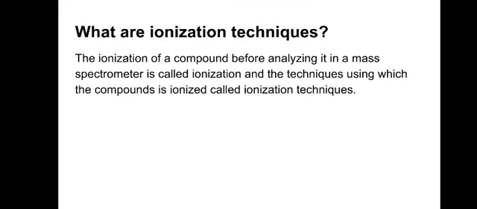What are ionization techniques? Whenever anyone has to analyze a compound under a spectrometer, they cannot normally do it directly. They first break the compound into its ions or fragments, or they convert an analyte into its cation form, and these cations undergo through a spectrometer, and the spectrometer detects the masses of these cations and gives a graph at the end.